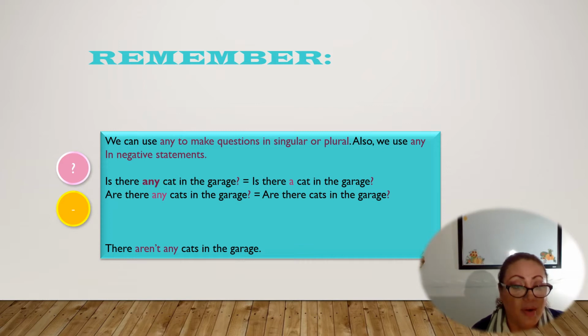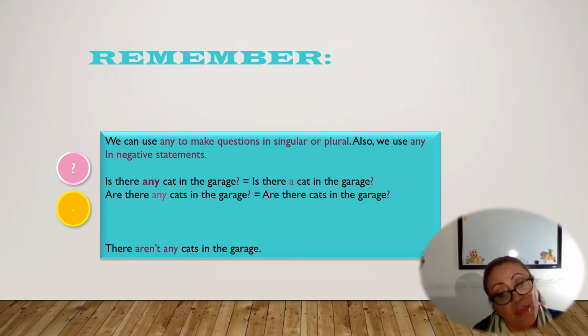Is there, now what we do is we put the verb to be first, like we always make questions. Because if we have the verb to be and we need to make a question, we just need to move the verb to be here at the beginning of the sentence, at the beginning of the question.